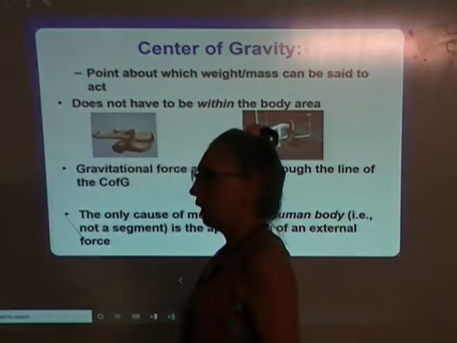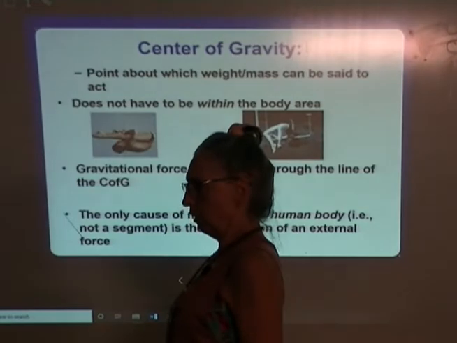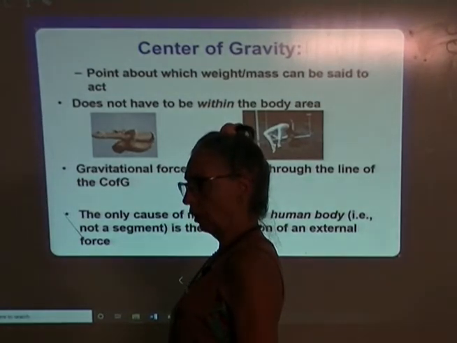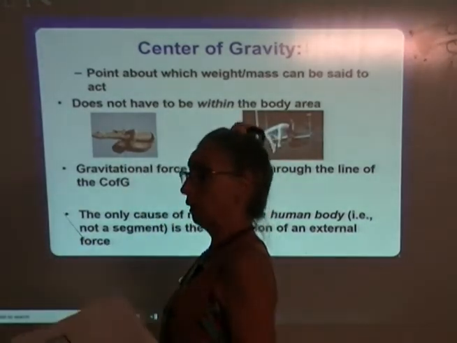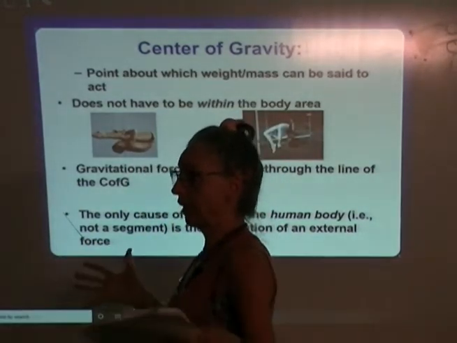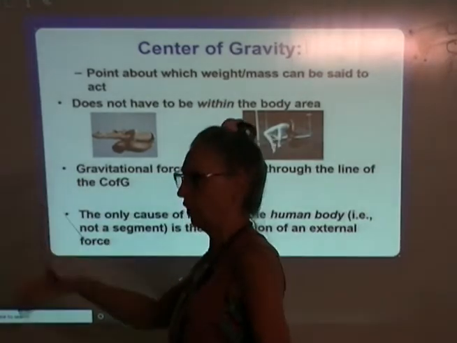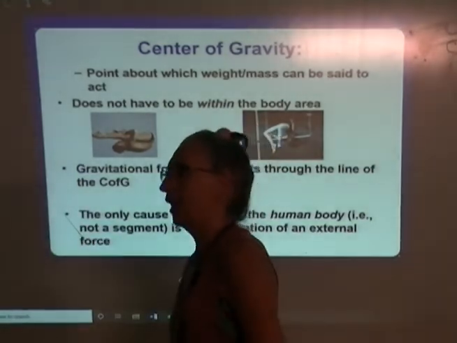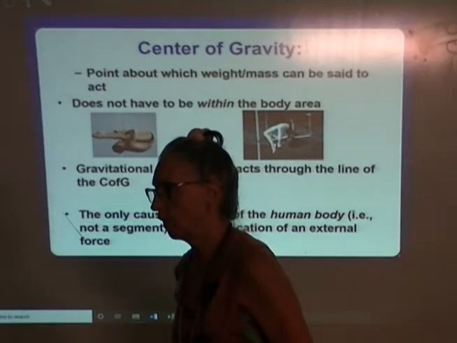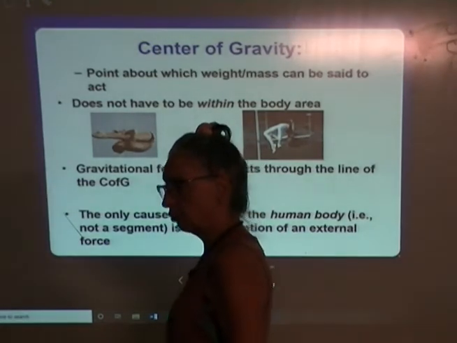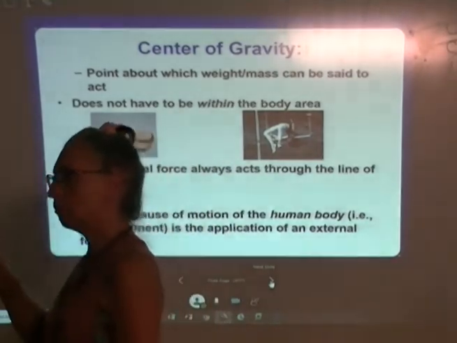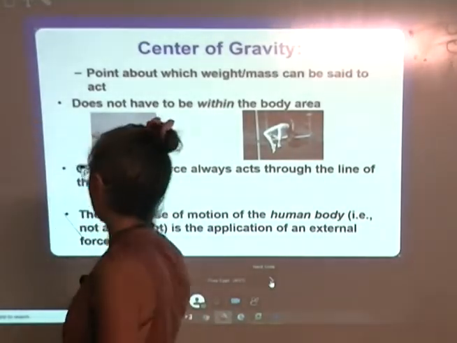It's somewhere around your belly button, a little bit lower. For girls, it's a little bit lower than it is for boys because they have wider hips after puberty and tend to carry more of their weight on their legs and their bum, and that drops the center of gravity down a little bit. Makes them better at balancing.